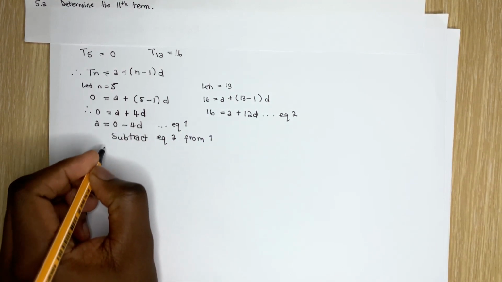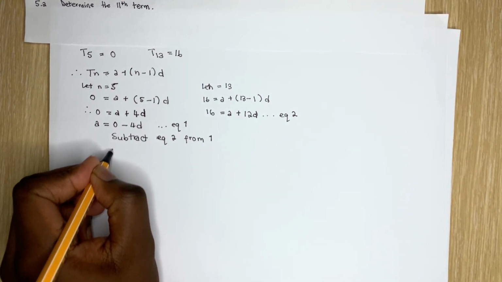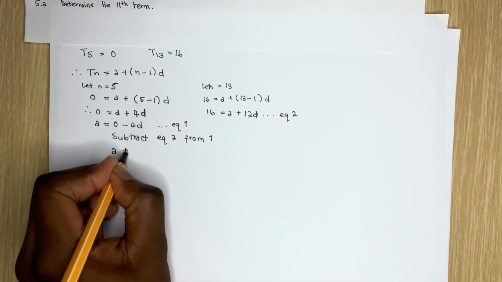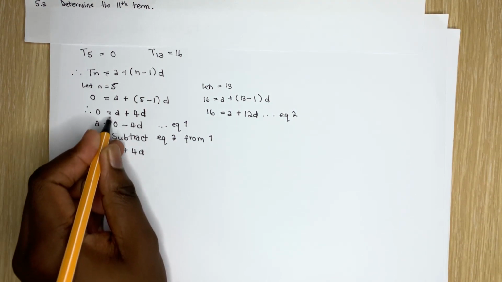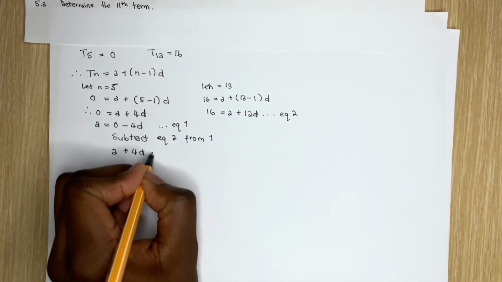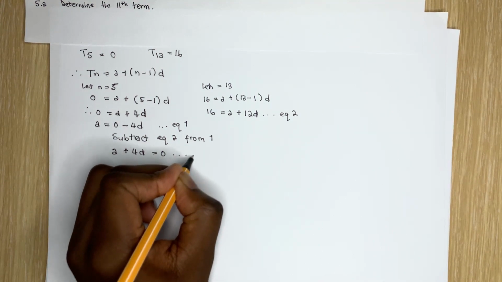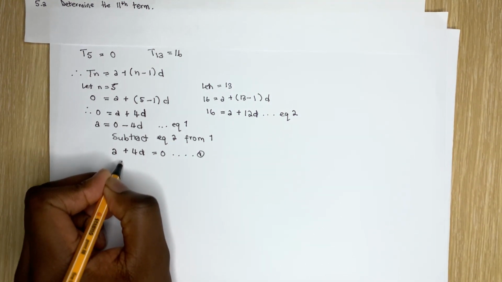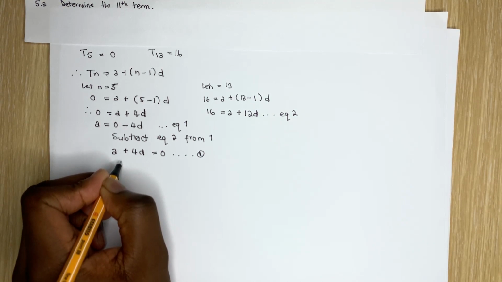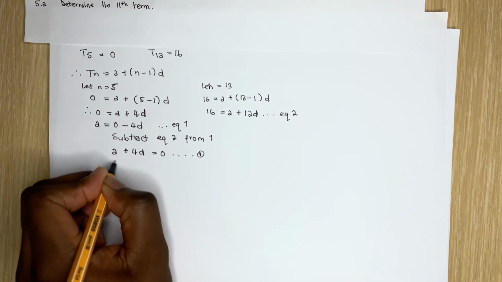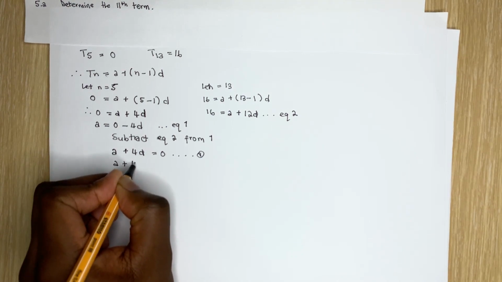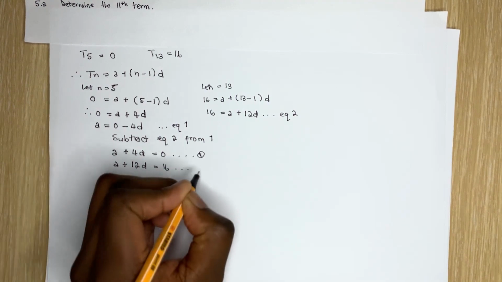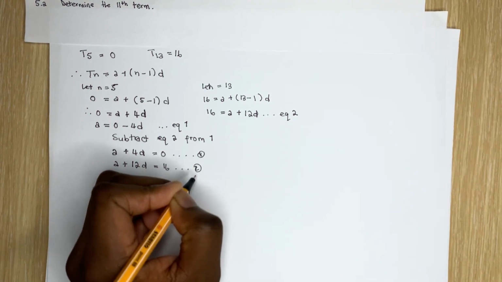If we do that, we have A plus 4d equals to 0, which is equation 1. And we have the second equation, A plus 12d equals to 16, which is equation 2.